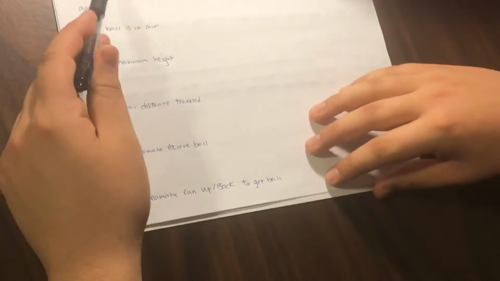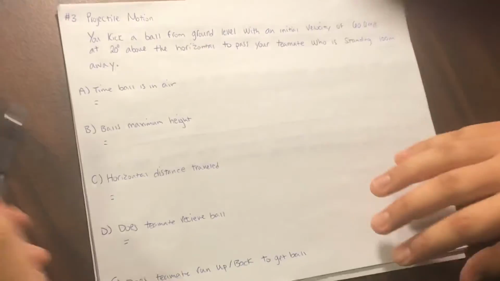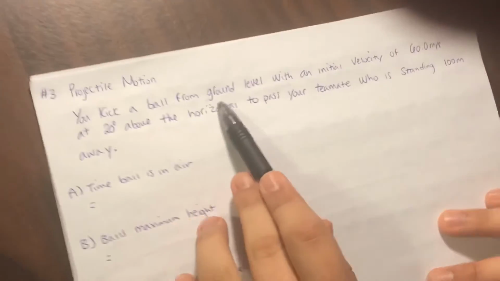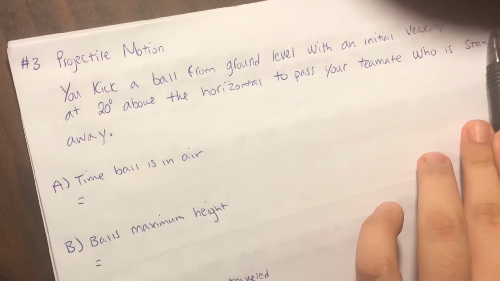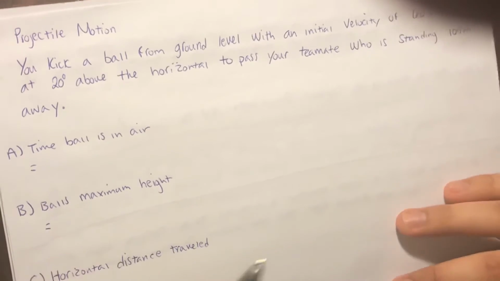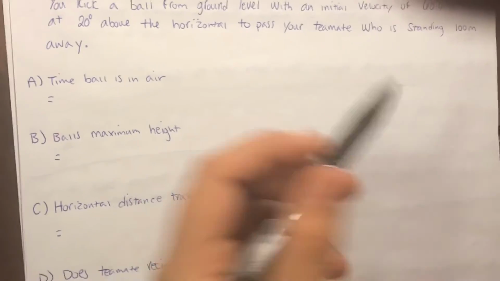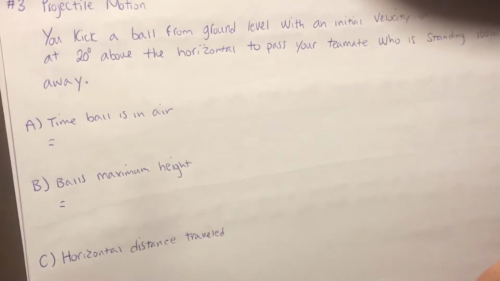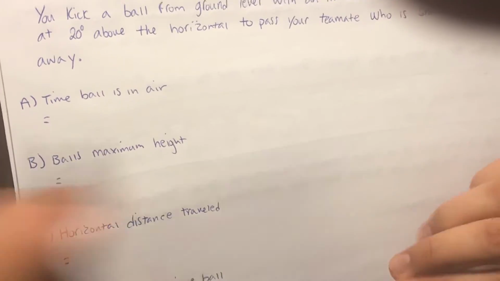Now, here is number 3. It's a projectile motion question. You kick a ball from ground level with an initial velocity of 60 meters per second. As soon as I read something that gives me a velocity or a percentage, I like to write it down.